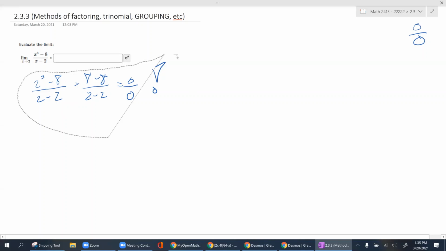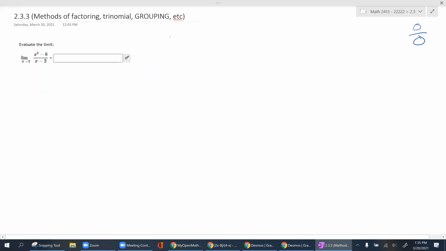The first thing you want to do, your first step whenever you're evaluating these limits and you get a 0 over 0, is factor. I want you to factor these. How can I factor this?